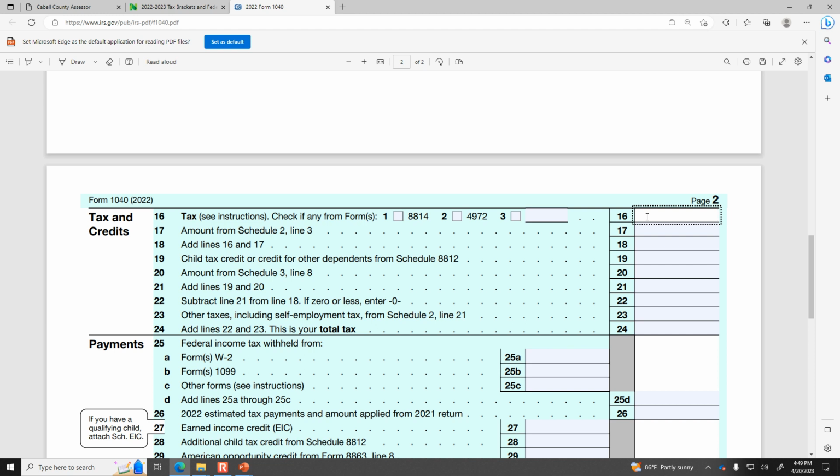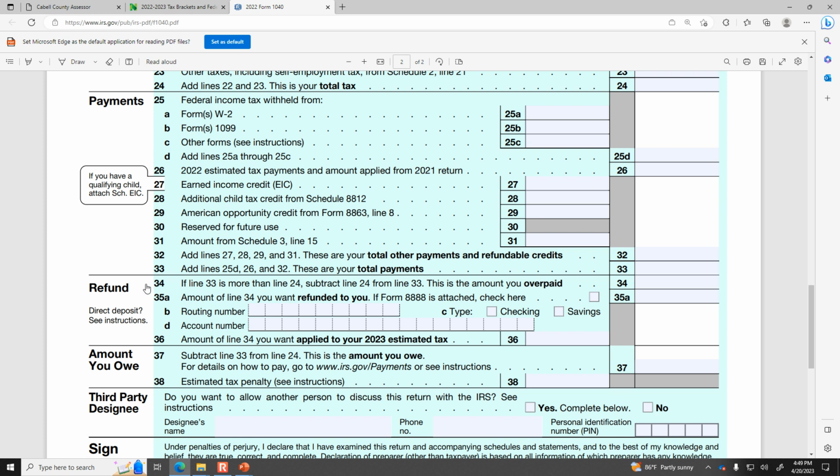But then there can always be something unexpected, like you get maybe a bonus and you weren't expecting it, and so now you have more tax due than you're expecting. So you can either get a refund or you can have money owed. And if you owe the government more than $1,000, then they can charge you interest on how much you should have paid them through the year instead of paying it to them later at the end of the filing.